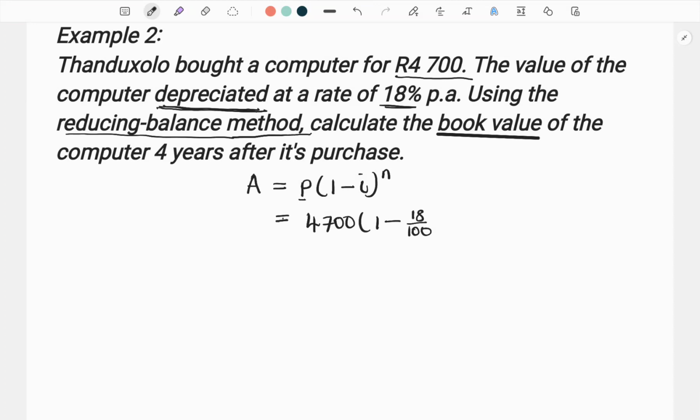We are not talking about the interest where we use compound interest especially. Here we are just going to focus on an annual basis, to the exponent of what? N, which is 4 years.